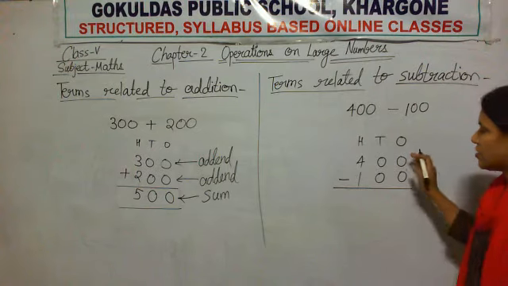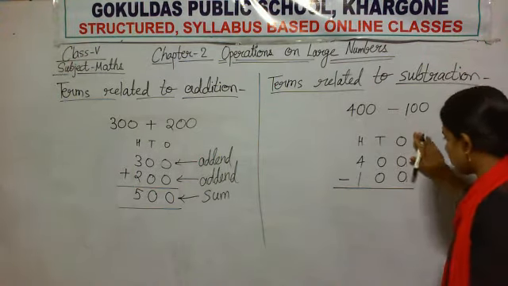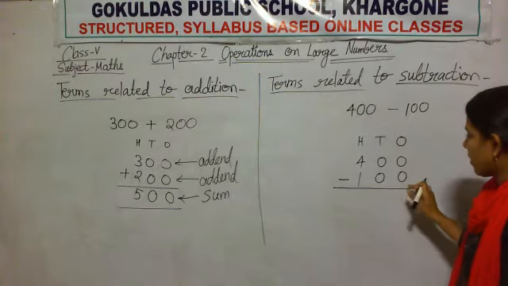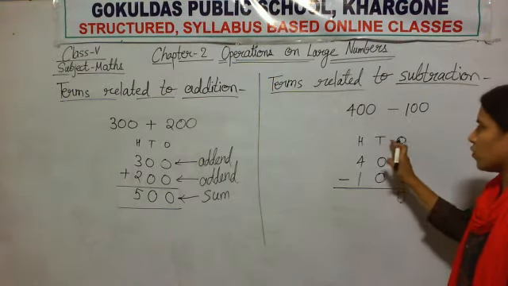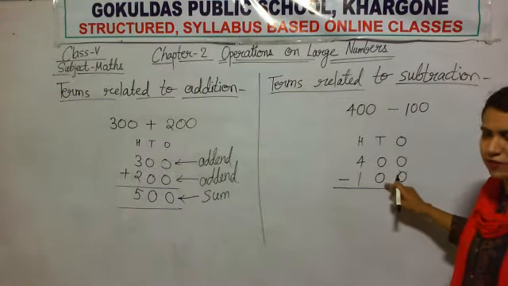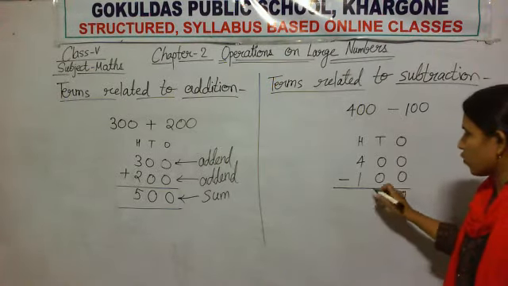Now start subtracting. Always start subtraction from the ones column. 0 minus 0 is 0. Now move to the tens column. In the tens column, two digits are there, 0 and 0. 0 minus 0 is 0.